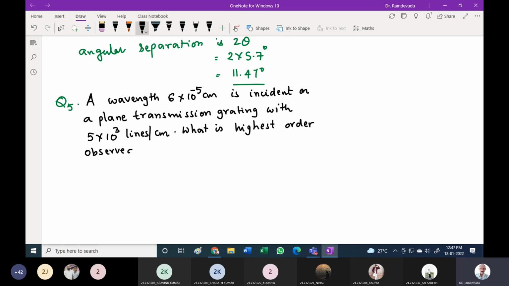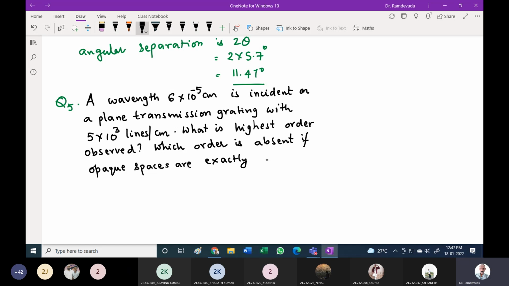But in addition to this, they're also asking which spectrum, which order is absent if the opaque spaces, that is d, are exactly equal to the transparent spaces.